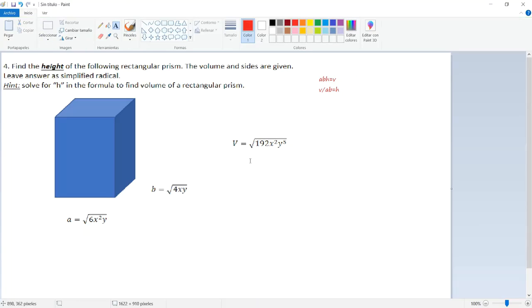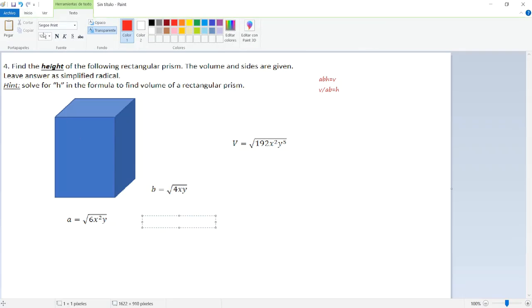Okay, first of all, we need to know that we don't have to simplify right now. We can leave that to the end. So we have here the square root of 6x²y times the square root of 4xy.